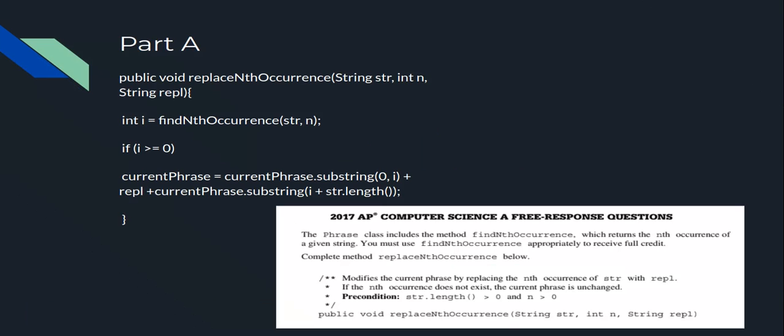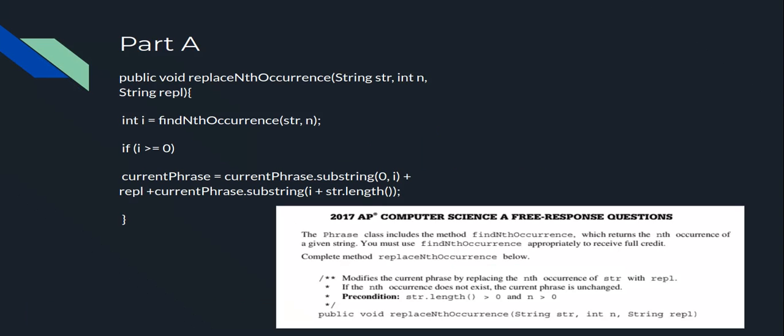So then, as long as i was greater than or equal to 0, I set current phrase equal to a substring of the current phrase that was given, from 0 to where the nth occurrence of the string that we wanted to replace started.